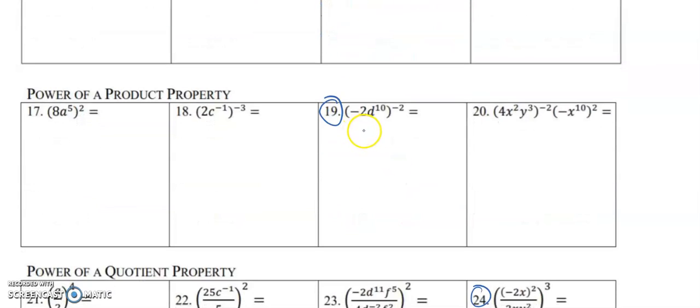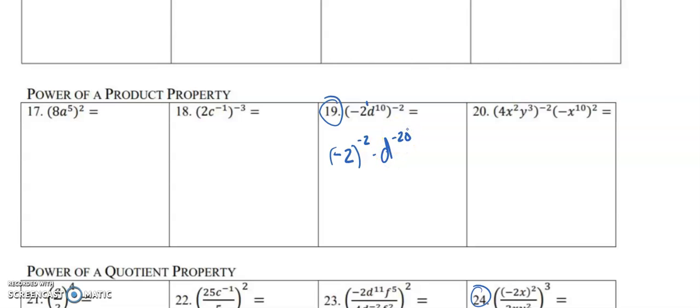Next, negative 2d to the 10th, that entire thing raised to the negative 2nd. Okay. So remember, this negative 2 has an exponent of 1 right now. There's a couple ways we can do this. I think I'm just going to go ahead and distribute the negative 2 rather than try to turn it positive. But I'm going to have negative 2 to the negative 2nd times d to the negative 20th.